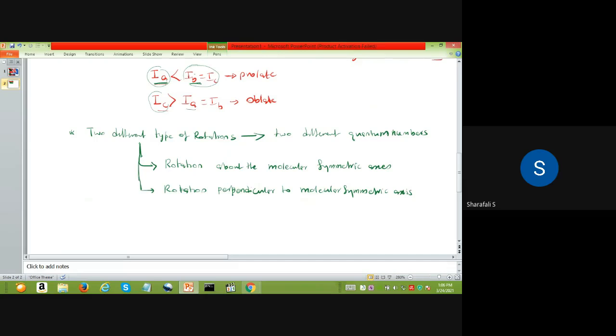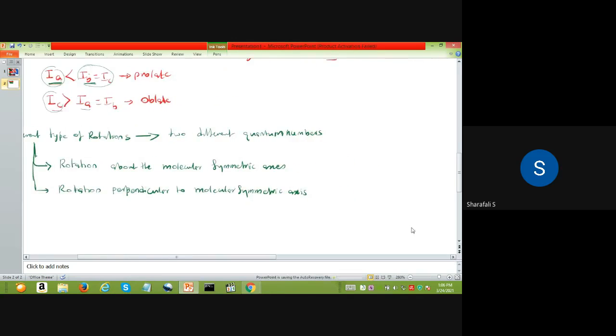So, for example, if you consider any symmetric top molecule, in the previous class we considered as an example CH3F.